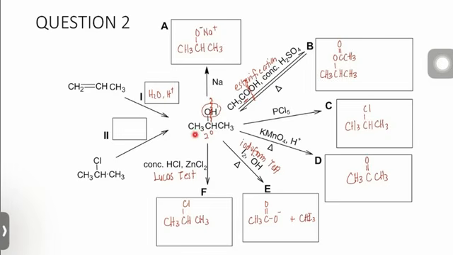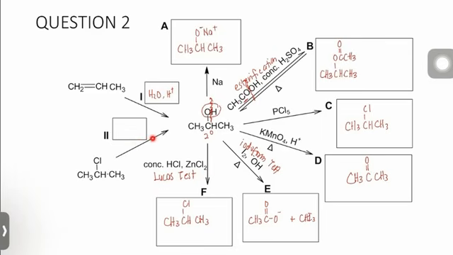And for the second reagent here, as you can see, the difference is that from 2-chloropropane, it becomes 2-propanol. So the difference is the Cl here is replaced with OH. So the reagent here must be something that has OH in the molecule.